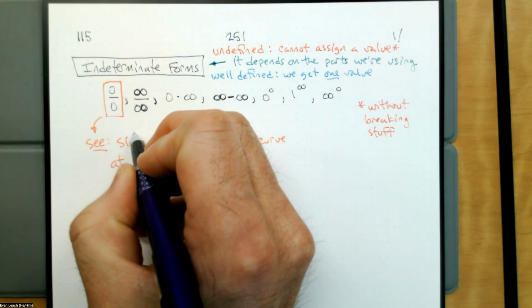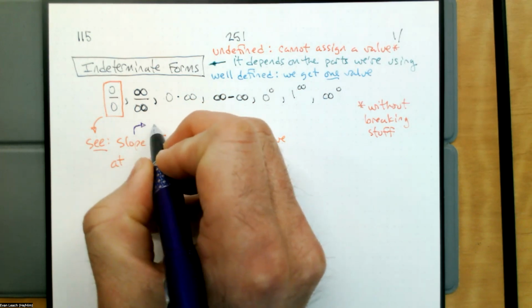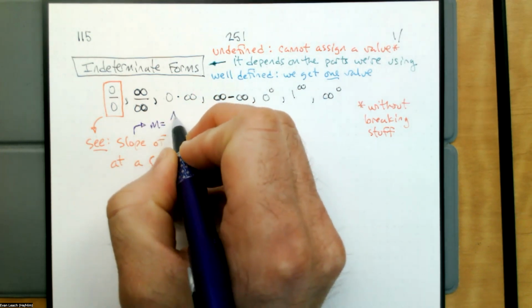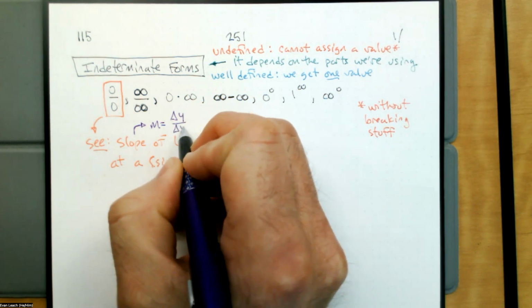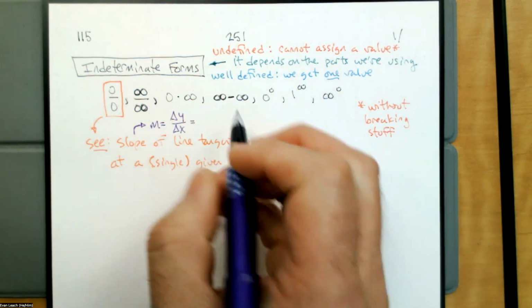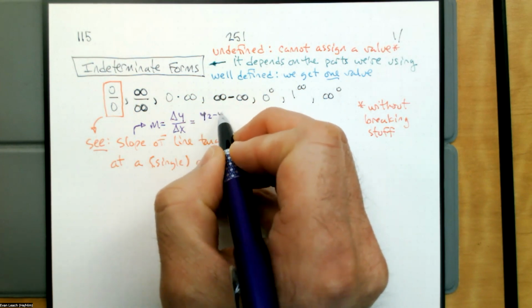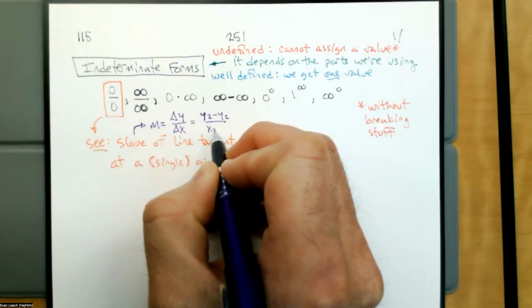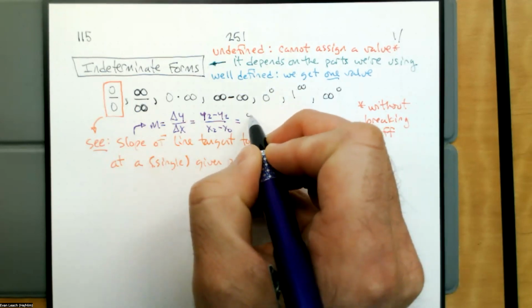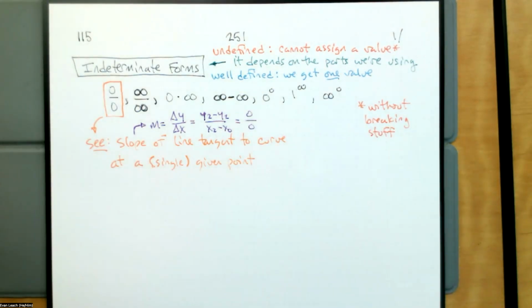So slope is delta y divided by delta x. But if we only have one point, y2 minus y2 over x2 minus x2, we get 0 over 0.